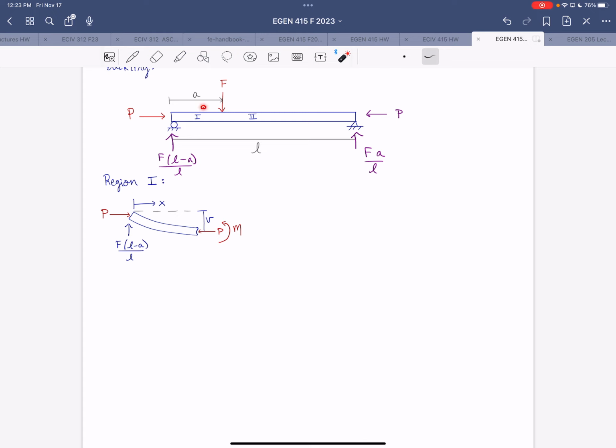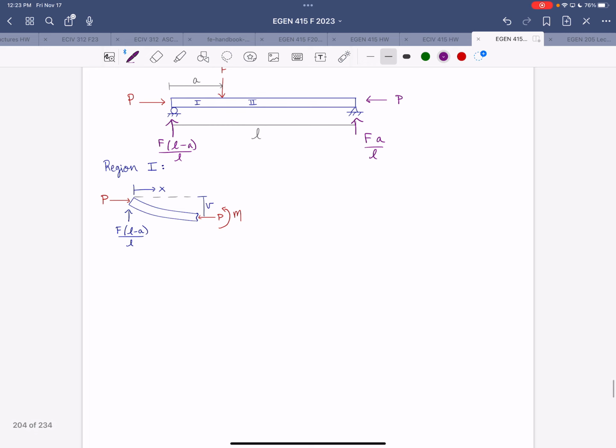So we have two regions within this beam to develop equations for. The first region is between the roller support and the applied load, so we'll look at region 1 first. We cut at some point before the applied load and expose the internal forces. There would also be an internal shear, equal in magnitude to the vertical reaction, but that's not relevant to our moment equation.